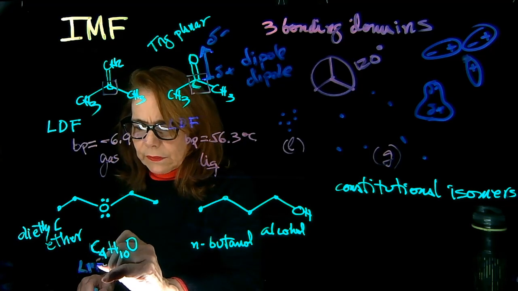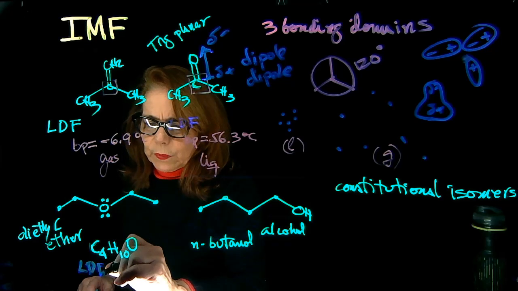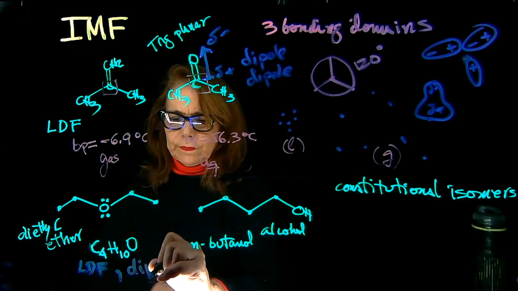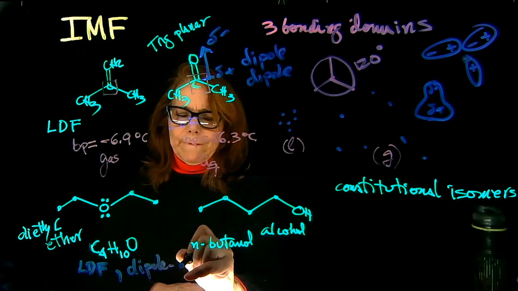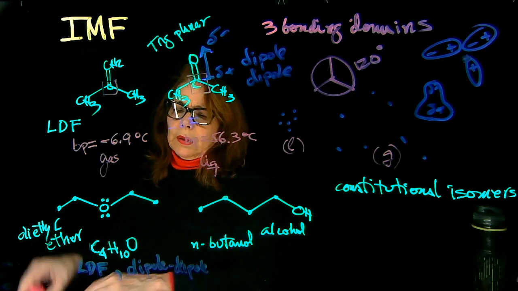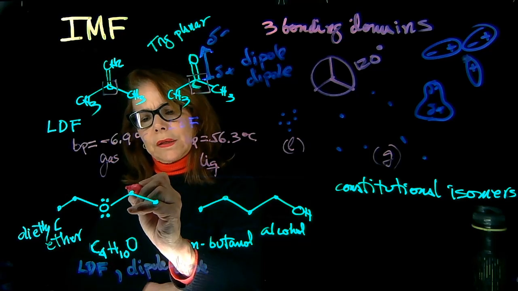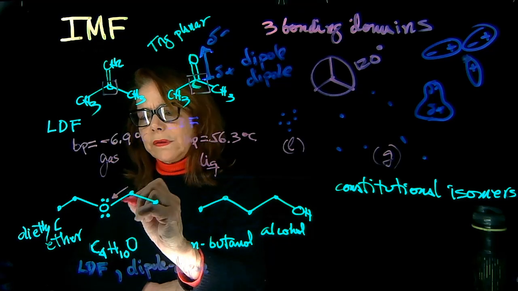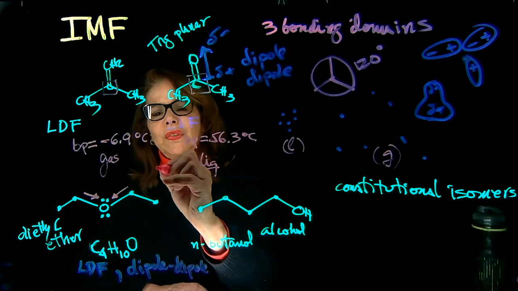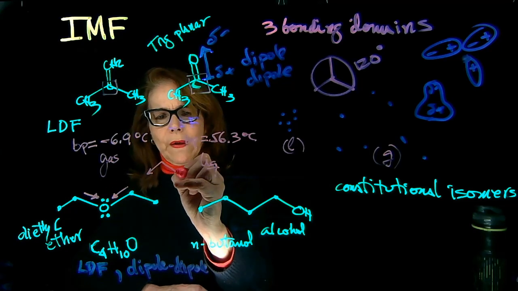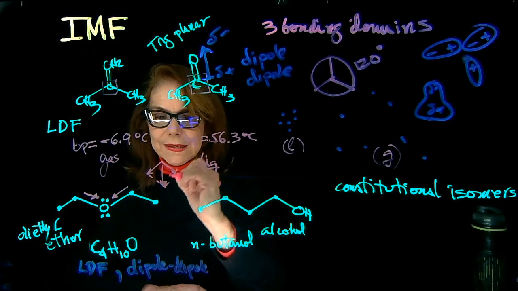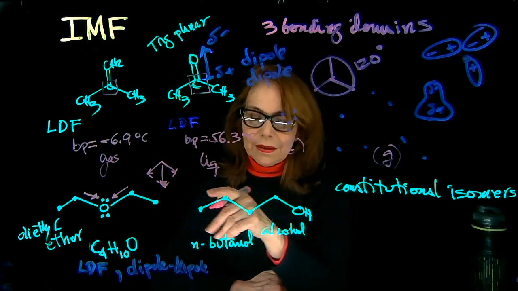But I also have a dipole, because the bond between carbon and oxygen is polar. If I translate those two vectors over, they add up and I have a net dipole moment. So the molecule has a dipole.